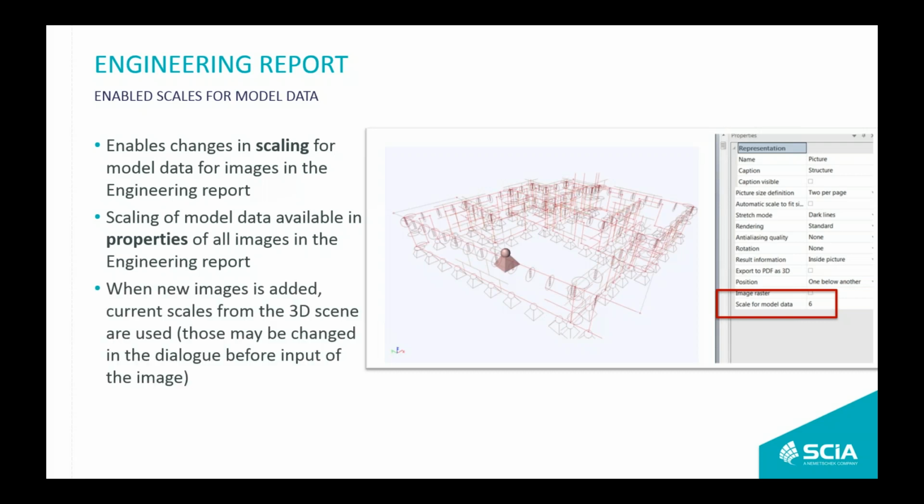And one remark here is that if new images are added, it's basically consistent with what we have in version 19.0. The scales were used from the 3D scene, but you are able to change them in the dialog before inputting. Of course, you can change those afterwards.